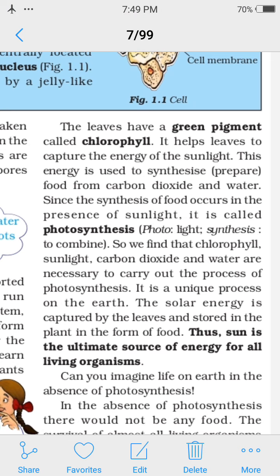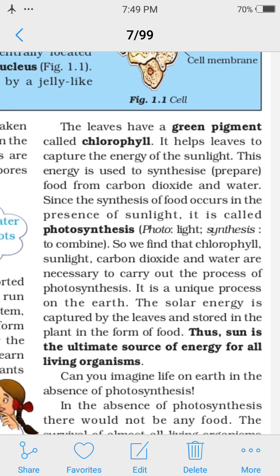Now the last line mentioned is: sun is the ultimate source of energy for all living organisms. At the starting of the chapter we learned that we are directly or indirectly dependent upon the plant, because without plants we cannot survive on the earth.